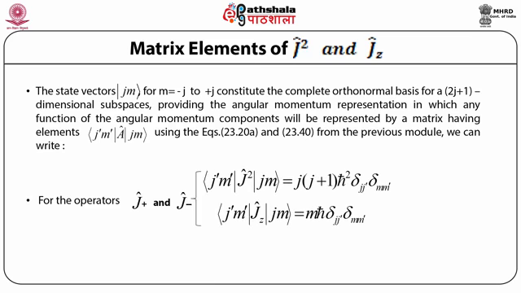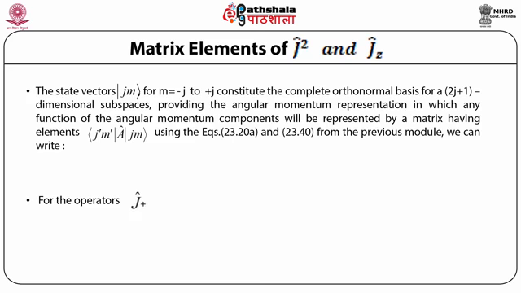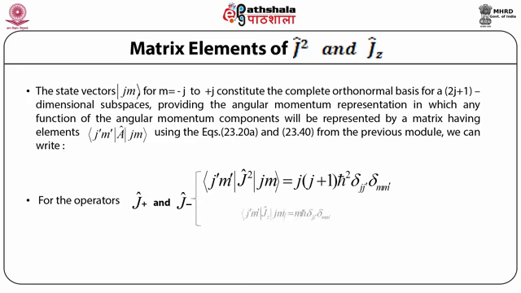So what one sees is that here H cross is the reduced Planck's constant, and J times (J plus 1) are the corresponding eigenvalues.